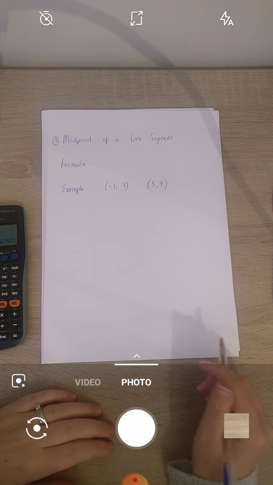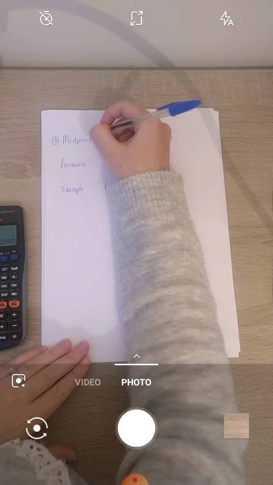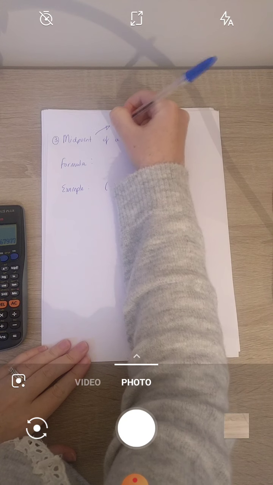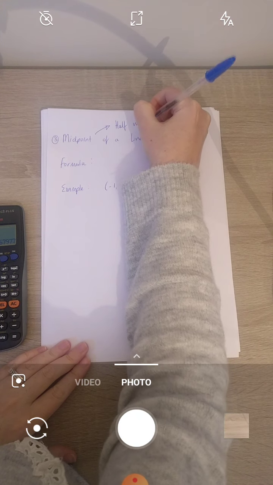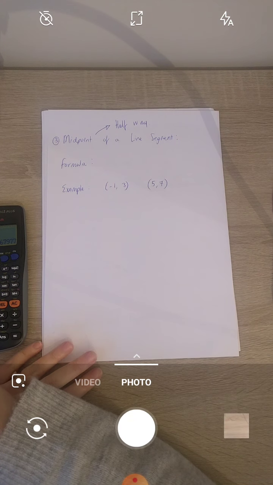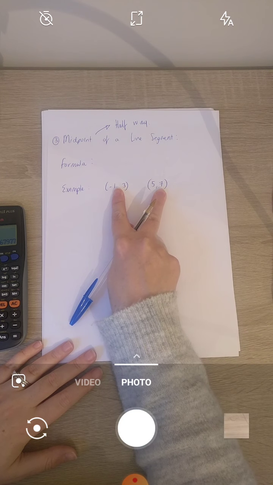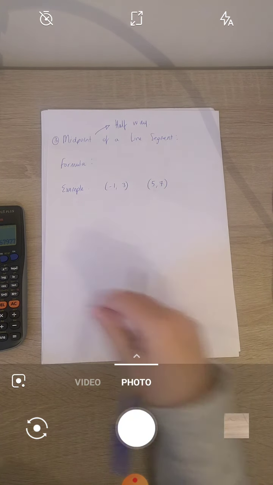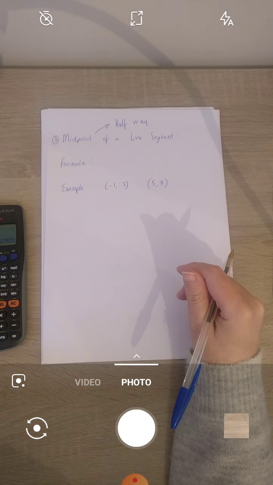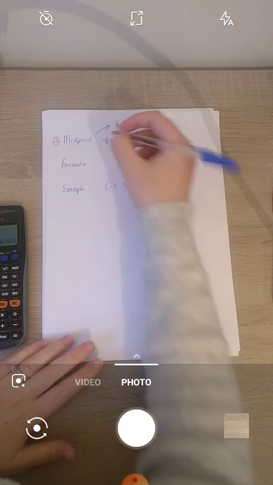So next we're looking at the midpoint of a line segment. Okay, so midpoint obviously means the point that is halfway between two other points. Okay, this formula is for when you're given 2 points. If you were given 2 points on a diagram, it might be straightforward to just see on the diagram what the midpoint is, but most of the time you will use your formula.